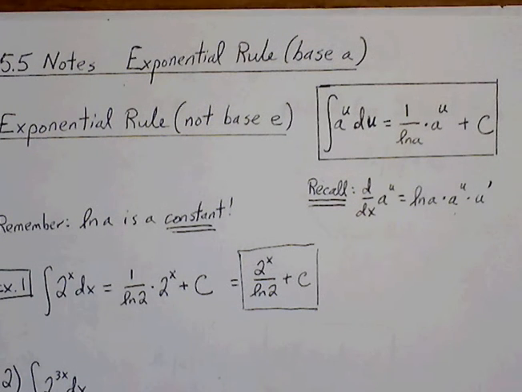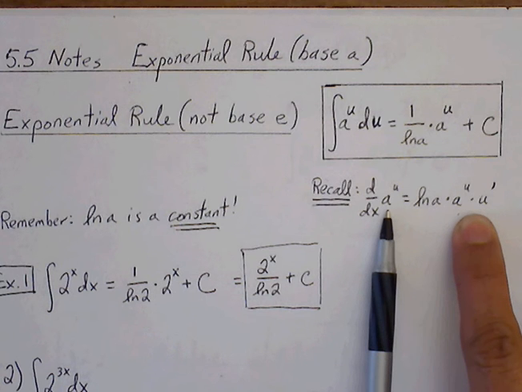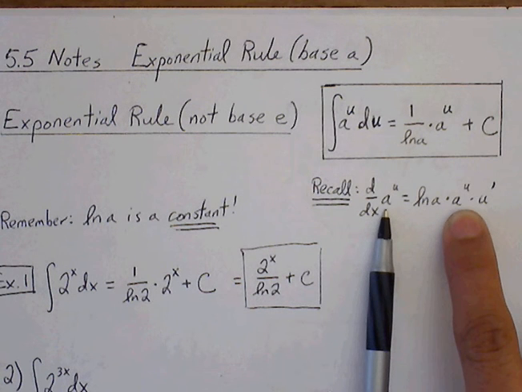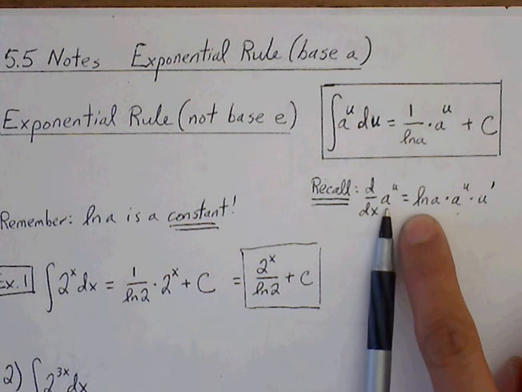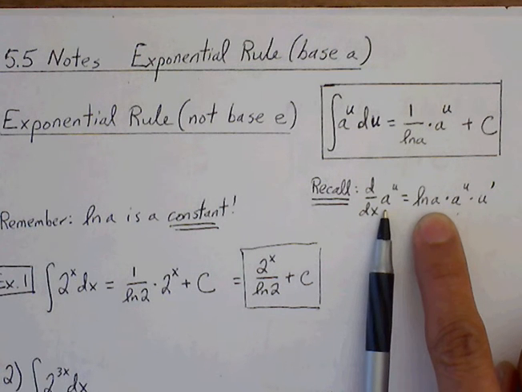If you notice, this does resemble the rule for e to the u. We still have the original function intact times u prime, but the natural log of a just allows the rule to be adjusted for the fact that this is not base e.